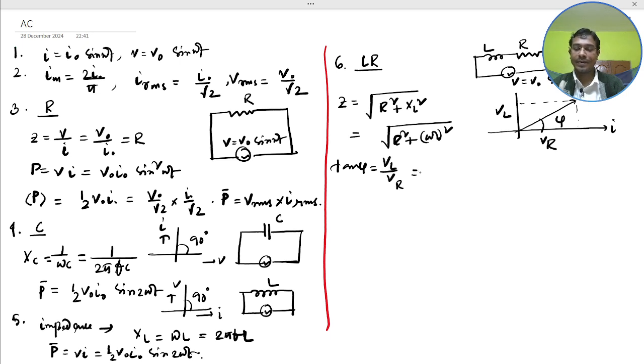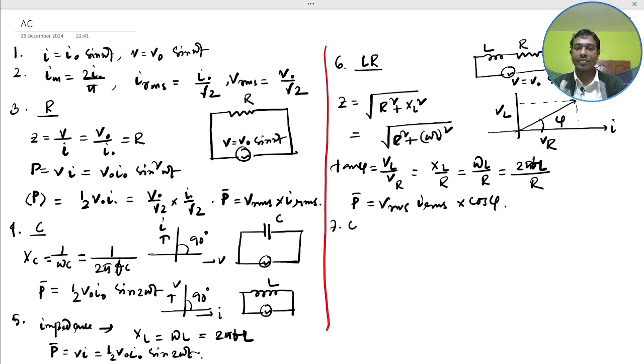So VL means I XL, so it would become XL by R. XL means omega L, omega L by R. So omega L means 2 pi FL, 2 pi FL by R, and the P average is VRMS IRMS into cos phi.